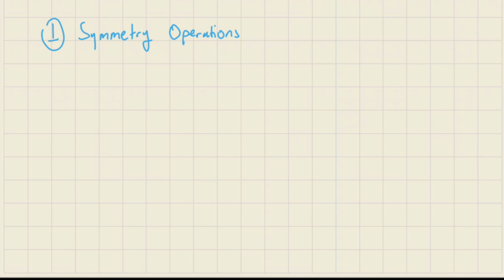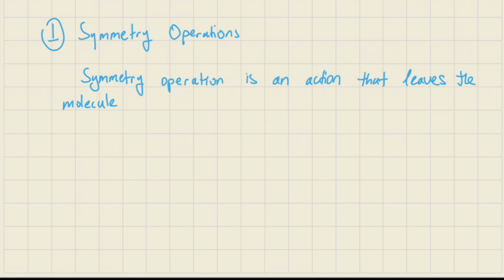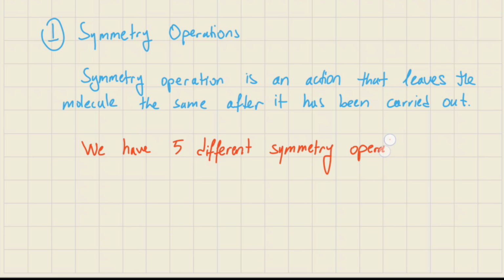A symmetry operation is an action that leaves the object the same after it has been carried out. We have 5 basic symmetry operations. The first operation is identity, and it is represented by E. We also have reflection.